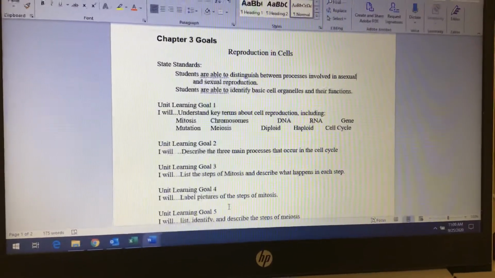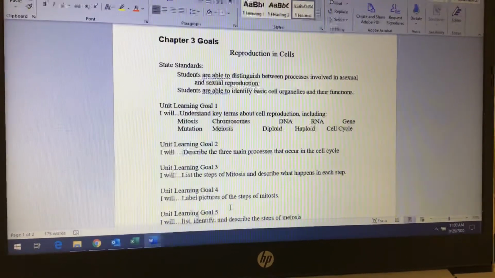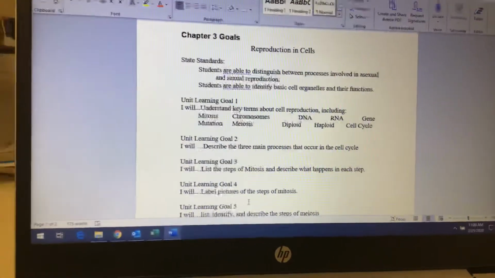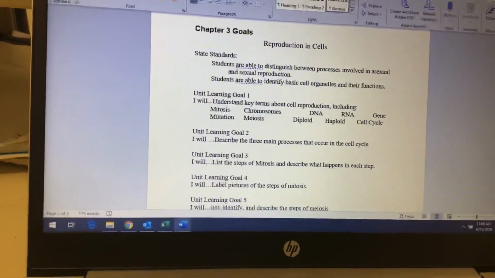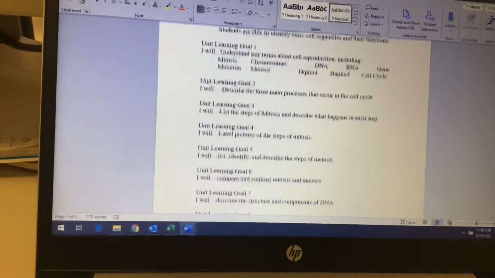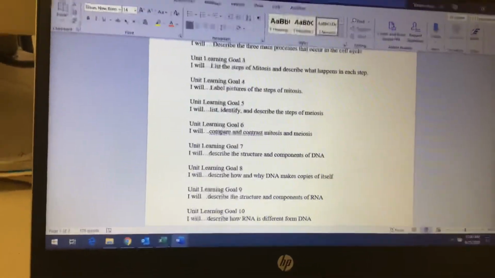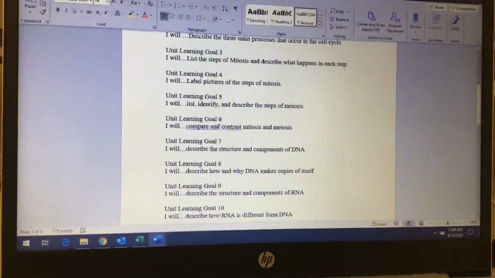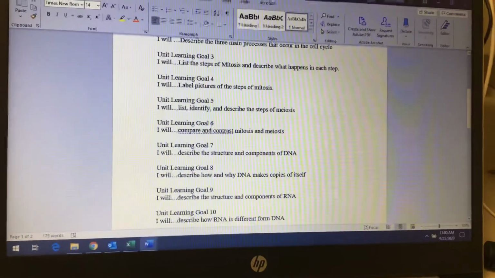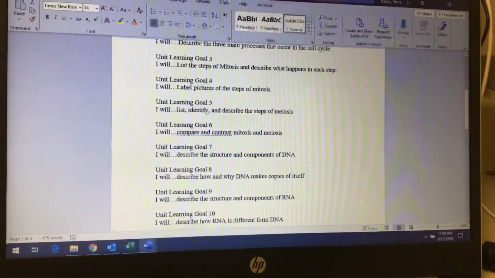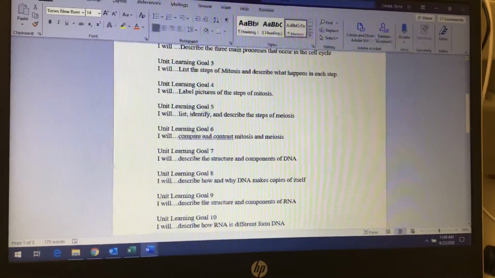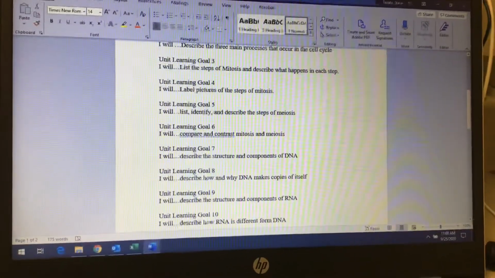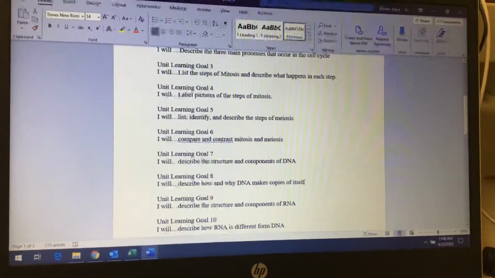We're going to describe the three main processes that occur in the cell cycle, and the steps of mitosis and describe what happens in each. So we'll go through that. If I give you a picture, you need to say, oh, that's interphase or that's anaphase or telophase.